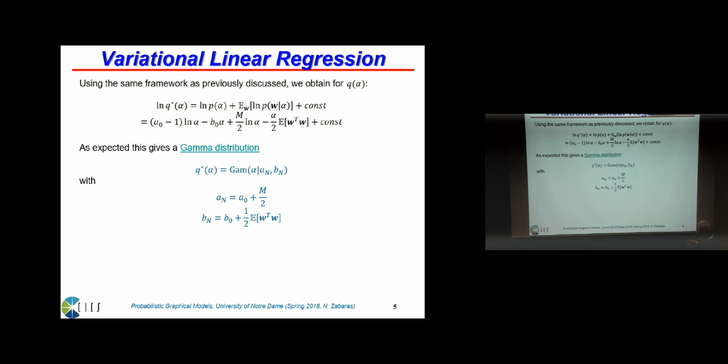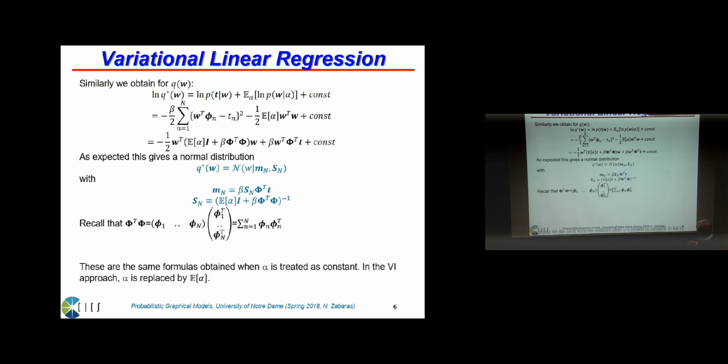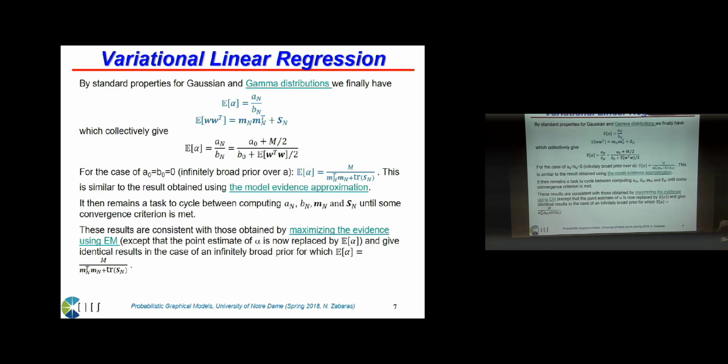To compute the variational distribution of alpha, you need the expectation of W transpose W, so you have to couple the two equations. From what I'm reading, the results look exactly the same as what you get with expectation maximization. The only difference is that instead of alpha you use the expectation of alpha.